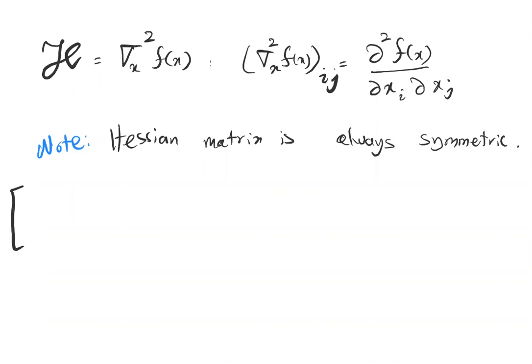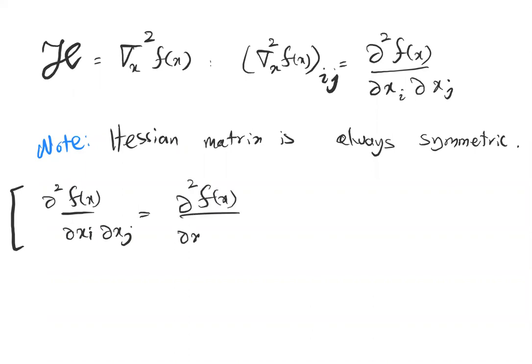Just a side note, because the second order derivative of f of x with respect to xi, xj is equal to the second order derivative of f of x with respect to xj, xi. So the Hessian matrix is always symmetric.